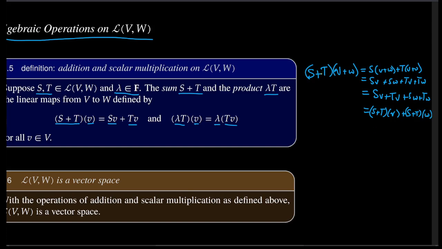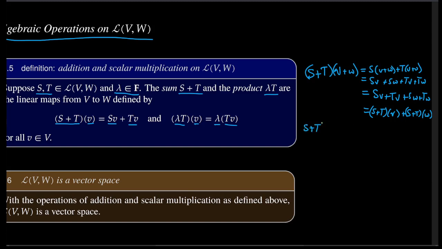So, look at that. If I map v plus w through S plus T, I get (S plus T) of v plus (S plus T) of w. So it does indeed respect the addition. It is additive.